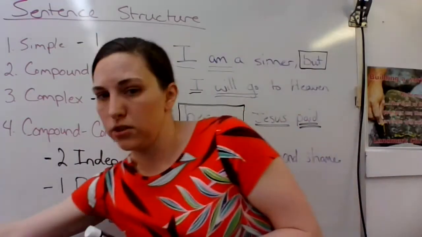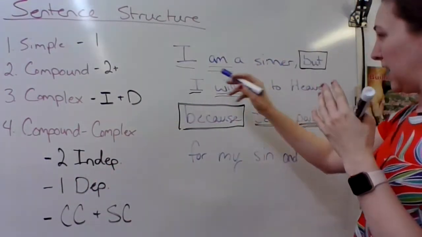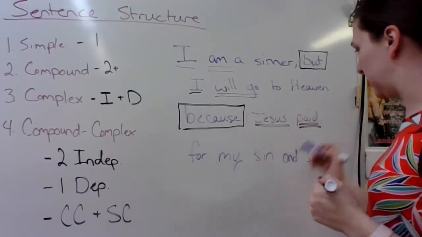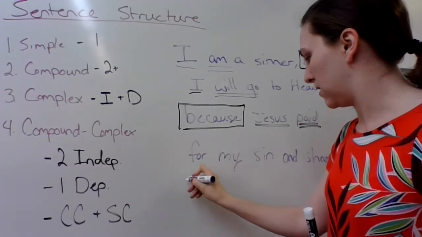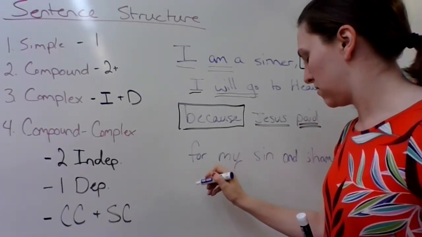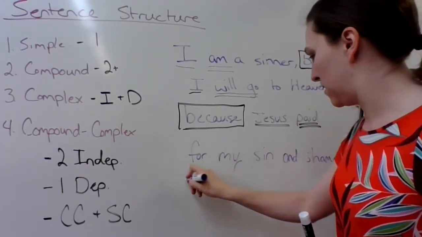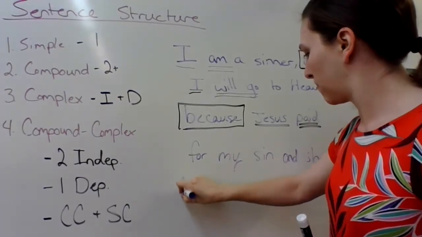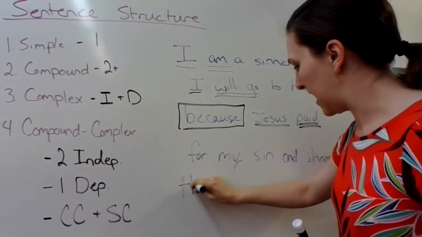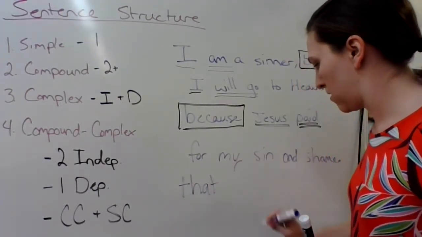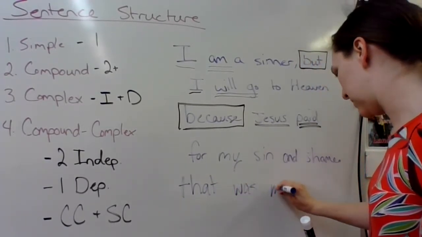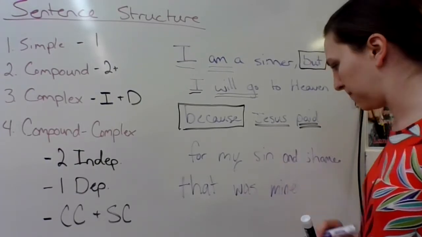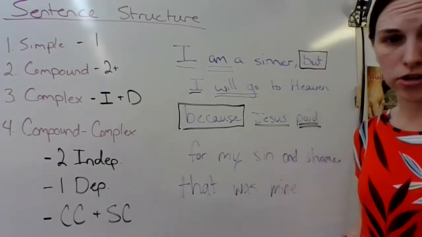Let me get the marker. Let me see if I can think of one. I am a sinner, but I will go to heaven because Jesus paid for my sin and shame that was mine. Let me just make a simple clause like that. Okay? I have added another clause.